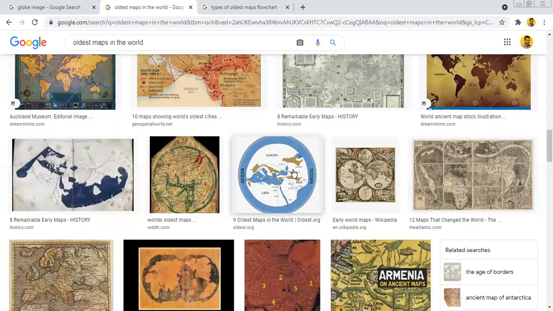All of these world maps were prepared on clay tablets only. Those do not exist now, because of lack of durability. All those maps were destroyed, and they prepared new maps again and again.